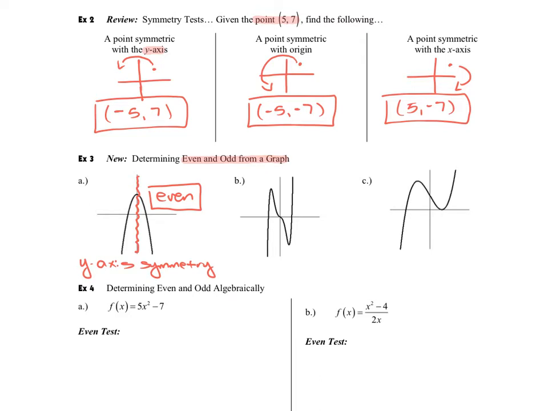Now, our next one, we can see that this graph has symmetry around the origin. That phrase, around the origin, is important. Imagine a point right here at the origin, and you can imagine that as a pinpoint.